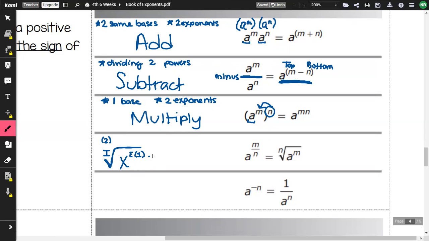Now, when I convert this to exponential form, my exponent becomes a what? It becomes a fraction. Now that fraction is going to be composed of what over what?